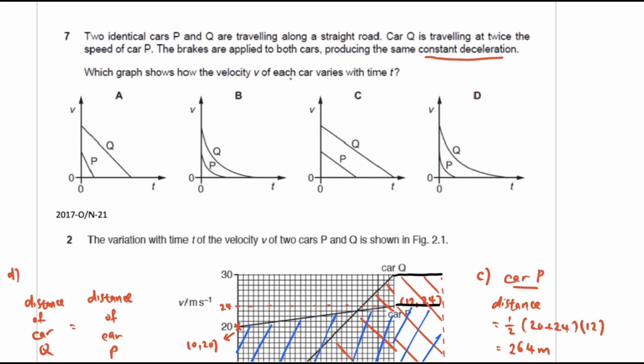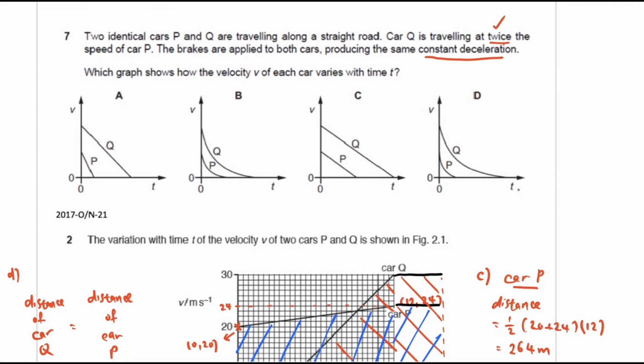Which graph shows how the velocity v of each car varies with time t? So we have two pieces of information. Car Q has twice the speed, so initially this must be twice. That seems okay for all of them. This twice is not really an issue because the graphs all show twice. Constant deceleration is the main consideration which determines the answer.